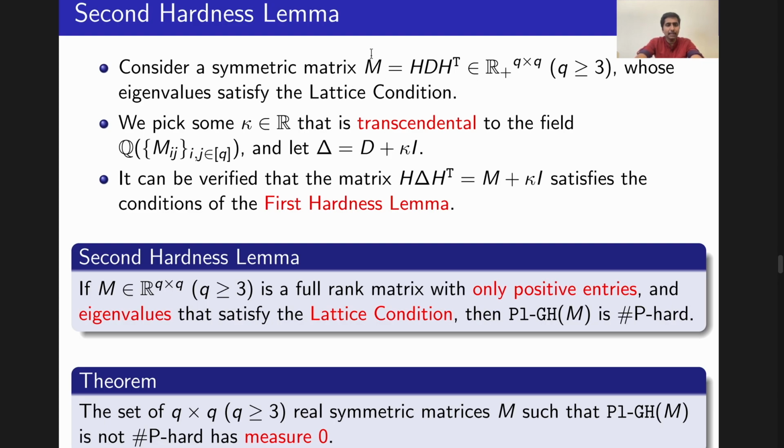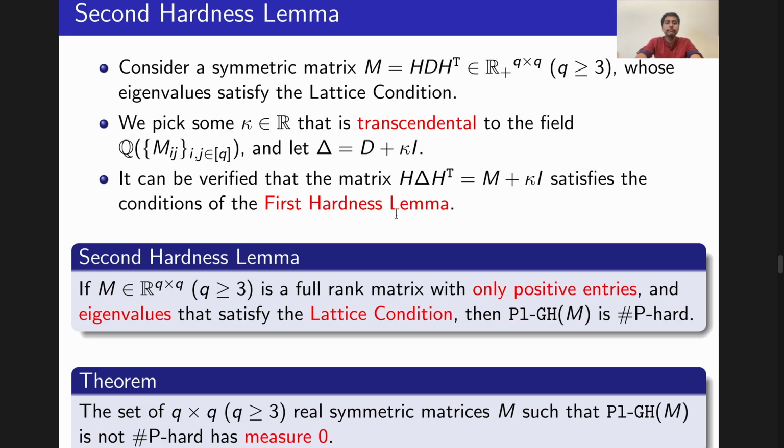For such a matrix M, we will now pick a kappa that is transcendental to the field extension over Q of all the entries of the matrix M. Then we will let delta be D plus kappa I. Now we can easily verify that the matrix H delta H transpose will end up becoming just M plus kappa I. Now the reason this matrix is interesting is because we have a kappa term that appears only in the diagonal terms. And because of this, the matrix will satisfy the conditions of the first hardness lemma.